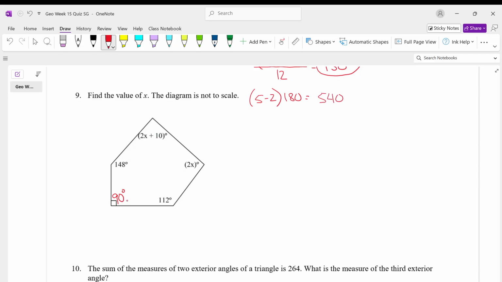If we add these 5 angles together, they need to equal 540. So I'm going to add the x's together first. And I've got a 2x and another 2x. So we got 4x. And then I'm going to add these constants together. So we got 10 plus 148 is 158 plus a 90 plus 112. So that's plus 360 equals 540.